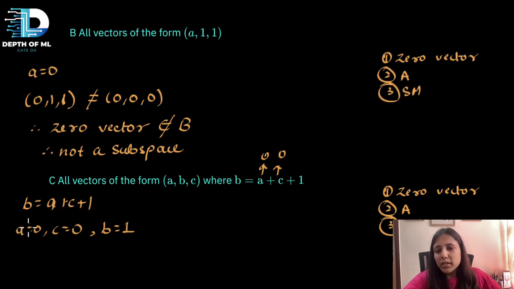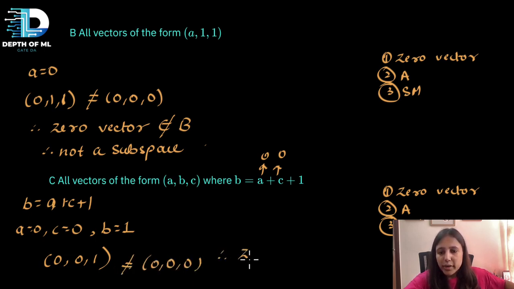And what are the other ways to make the zero vector? Apart from taking a and c to be 0, there is no other way I can get 0 over there. So if I do this, the vector that is coming over here is (0, 0, 1), right? Which is not equal to the (0, 0, 0) vector.